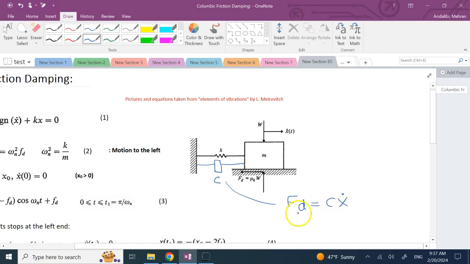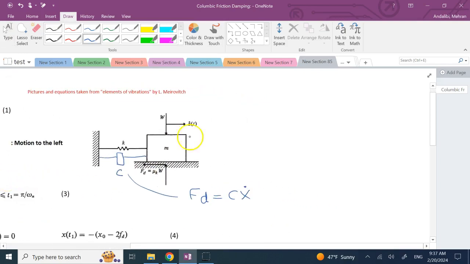Okay, and we have seen in a single DOF vibrating system like this, mass spring damper, that if there is no external force, the free response to some initial condition like x0 not equal to 0 and x dot 0 equal to 0, right?